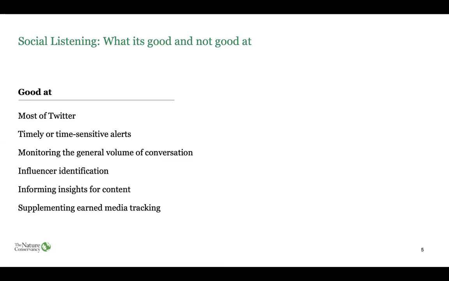It can also identify a lot of influencers for us. There are so many people out there that we might consider influencers. Social listening is a tool that can help quickly evaluate a person's general level of influence, or how many followers, or how big their network is. It can help us inform insights for some of our content, which we'll get into.